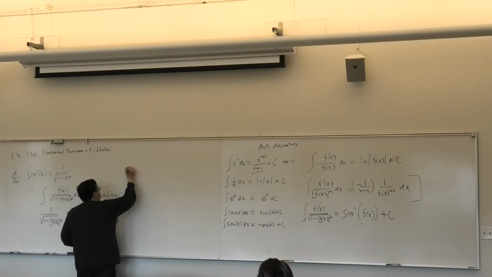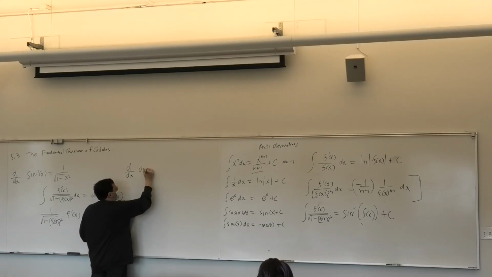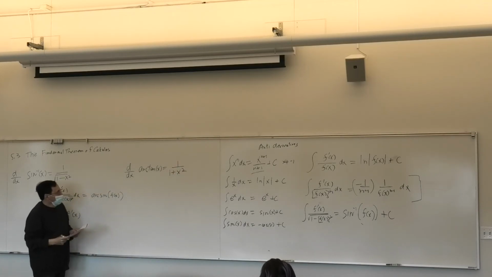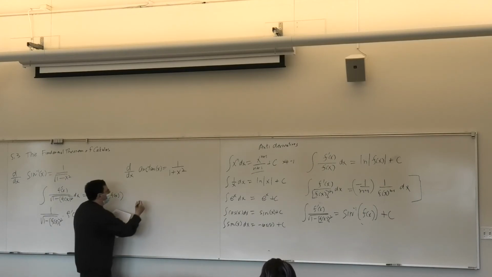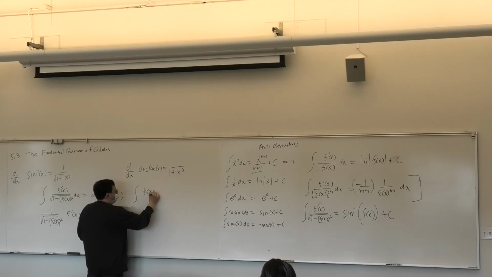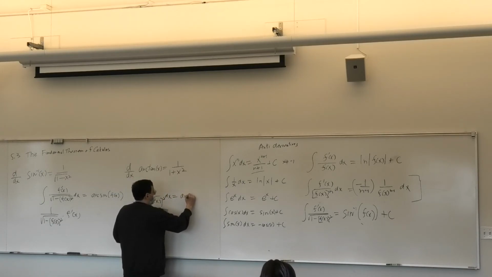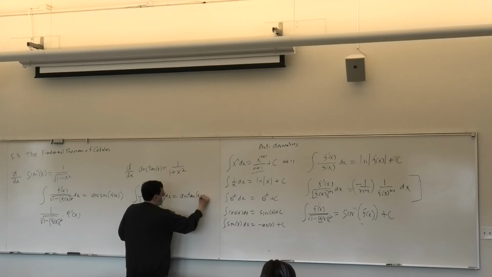Similarly, we have the derivative of the arctan of x is 1 over 1 plus x squared. Well, that suggests that if I had something that looks like this, f prime of x over 1 plus f of x squared, that'll be the arctan of f of x.